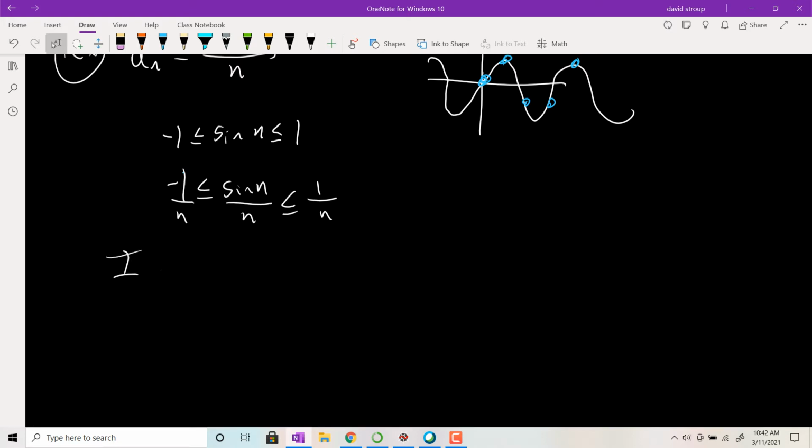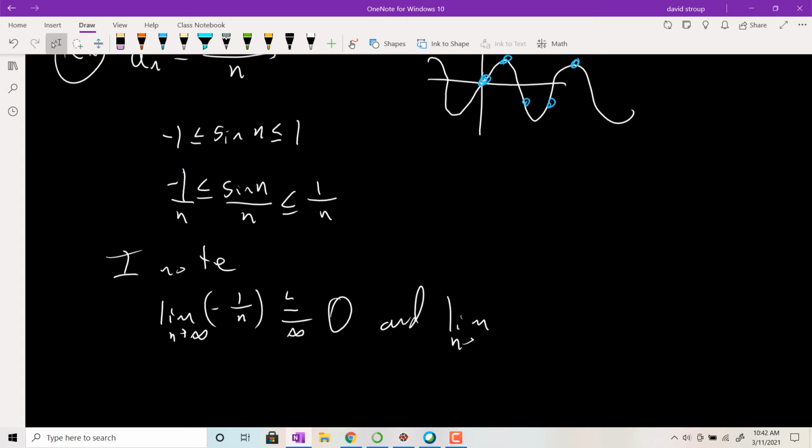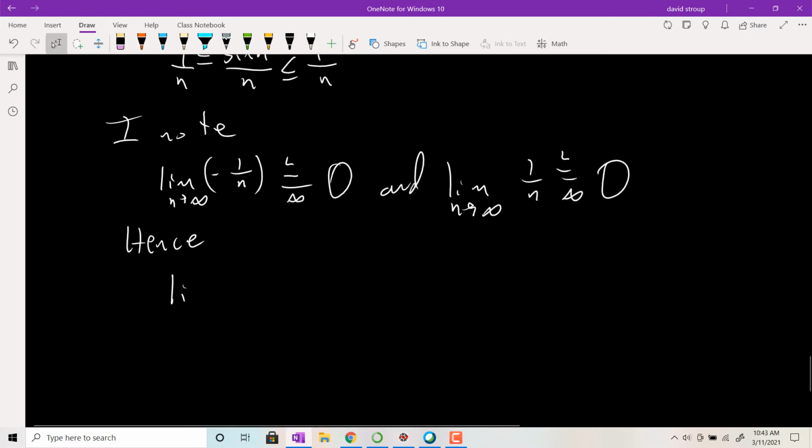So I note the limit of -1 over n as n goes to infinity. That's just 1 over infinity, so that's equal to 0. And the limit as n goes to infinity of 1 over n is also 1 over infinity, which is equal to 0. Hence, it forces that middle sequence to also go to 0. So hence, the limit as n goes to infinity of sine of n all over n will equal 0. And so we got it. Okay, great.